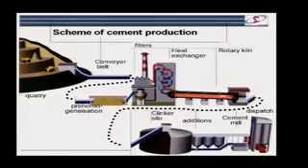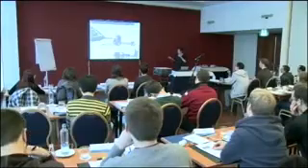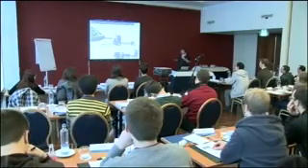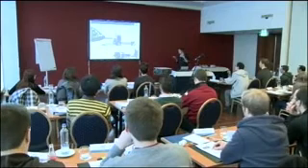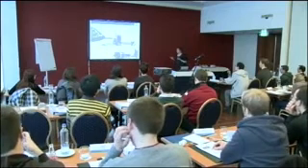So the clinker goes here, and then you put in the various additions, you grind it up, and that gives you cement. And all this stuff here is the heat exchanging process. This is really the technology that's come in over the past 30 or 40 years, which now means that cement production can be a very efficient process.